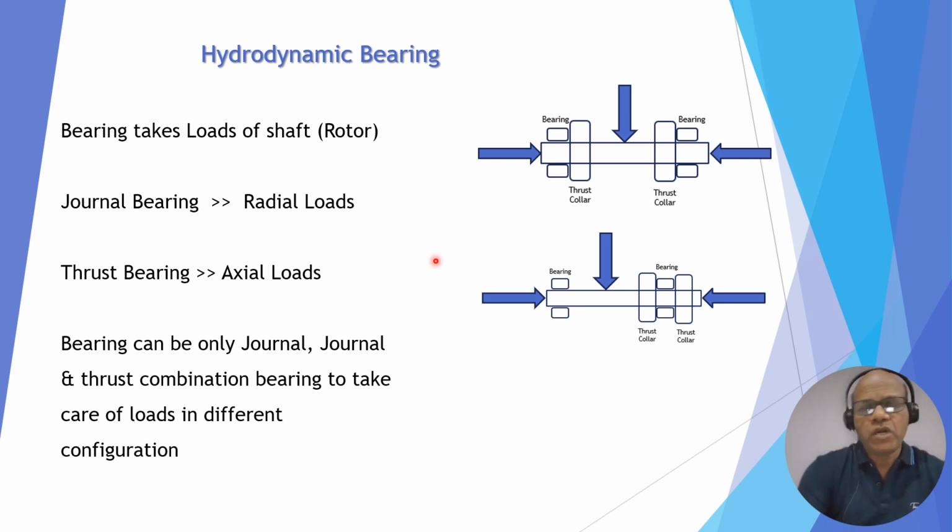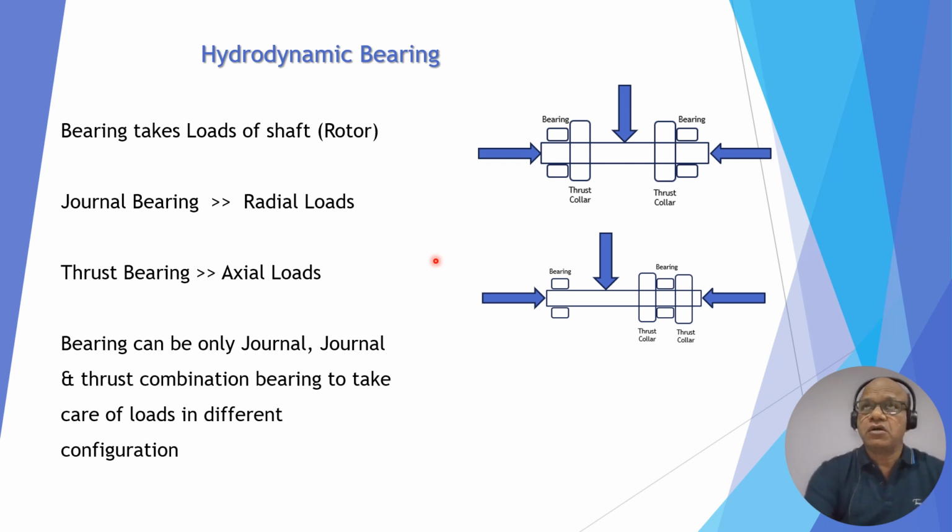So what is a bearing? The simple definition of a bearing is to take the loads. Loads can be the static load of the shaft, the static load of attachments connected to the shaft like the impeller, or all the auxiliaries which contribute to the load.